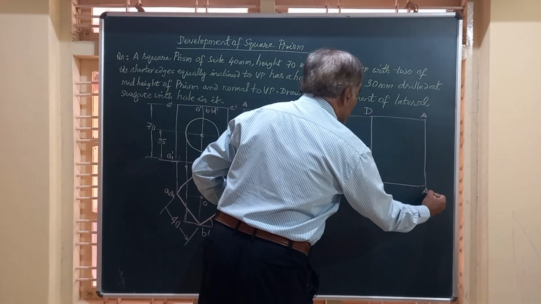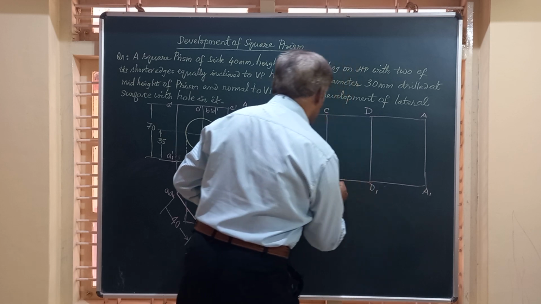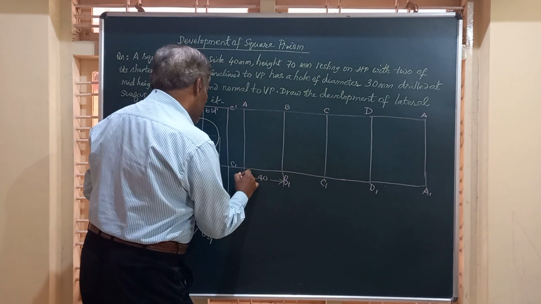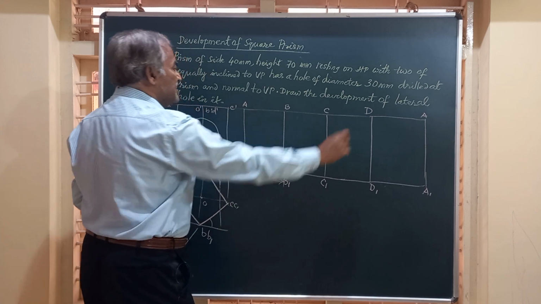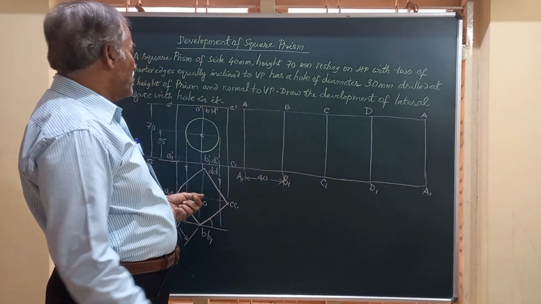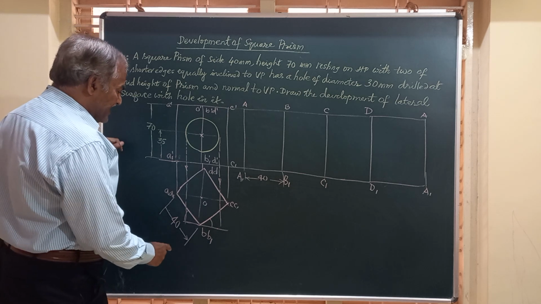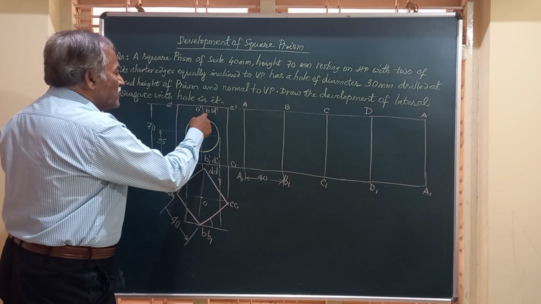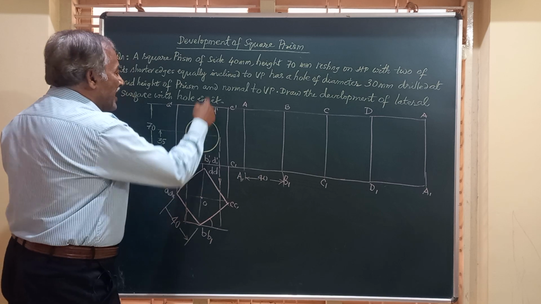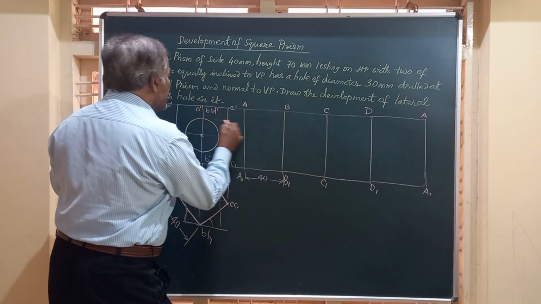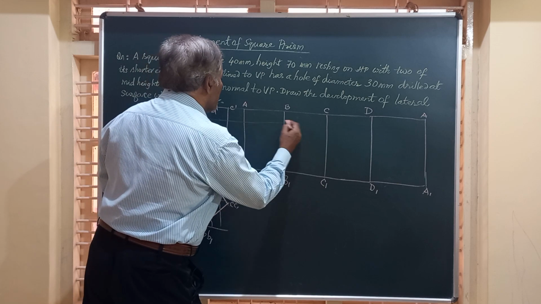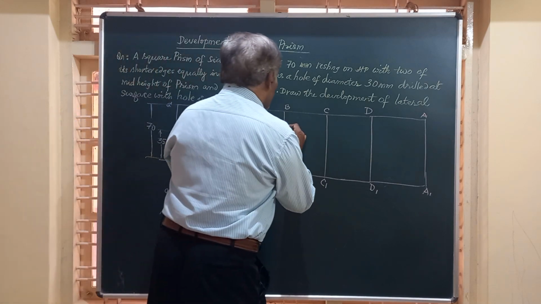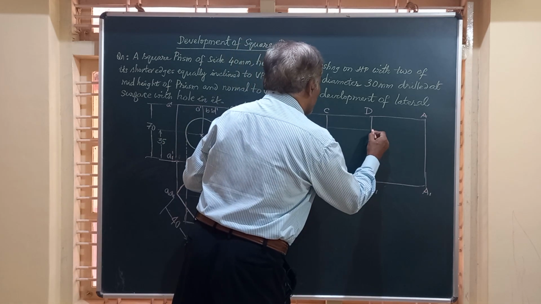We have here A1, B1, C1, D1, and this is A1. So this is the development without the hole in it. Let's see where all it is cutting. This hole is drilled and it is cutting the vertical edges BB and DD. So BB is cut here, so I draw a horizontal line, and this is a point on it. Similarly on DD you will have one more point.